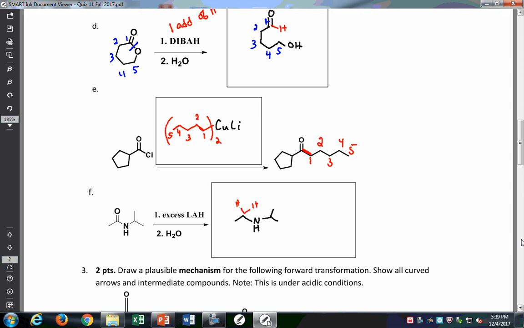Here, you don't have to show the hydrogens. I'm showing it for clarity when you're going back and looking at it. And again, looking at that mechanism, you see the oxygen's a better leaving group than nitrogen. So in most of our reductions, we lose the other leaving group, but here, the leaving group is the oxygen.